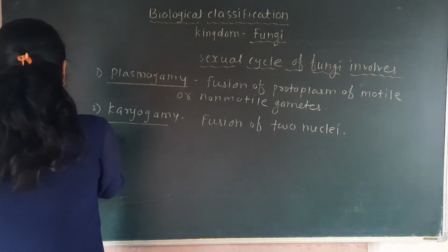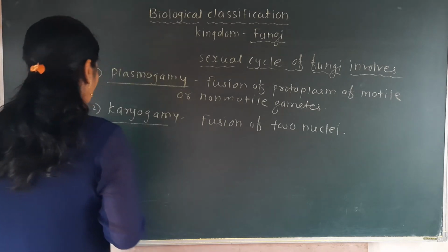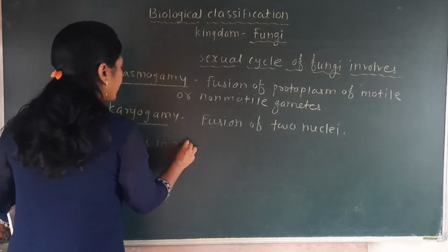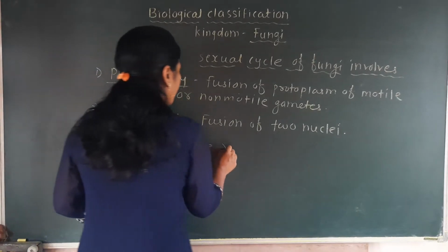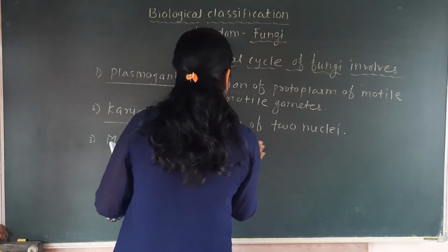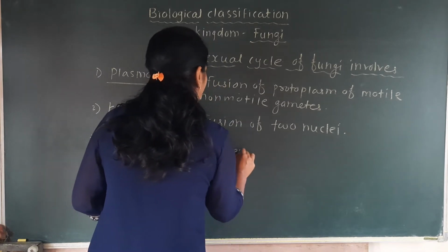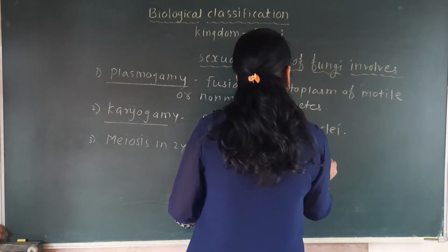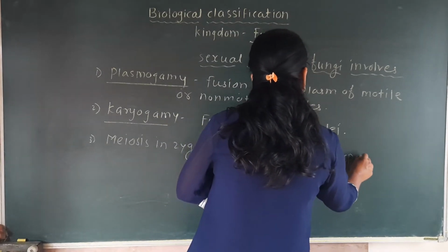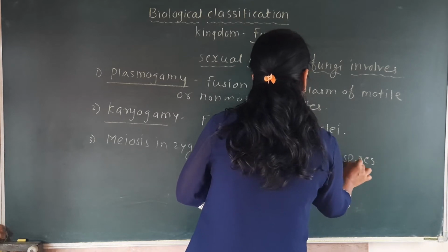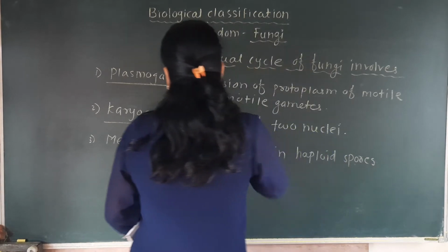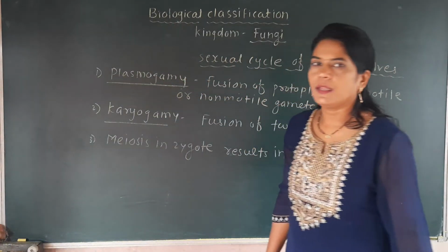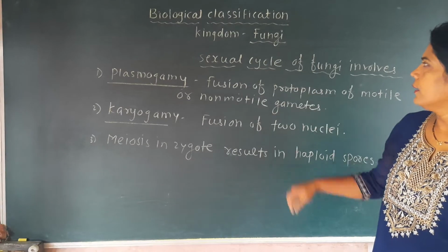And the third event is that meiosis in zygote results in haploid spores. Resulting haploid spores. Okay, so see here, these are the sexual cycle in the body of the fungi.